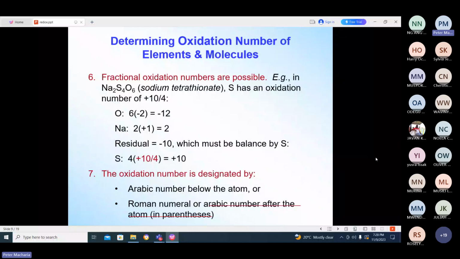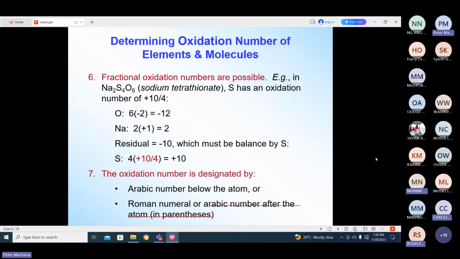Now let me ask you, in carbonate, what is the charge in carbonate? It is negative 2, isn't it? In carbonate, the charge is negative 2, right? And carbonate is written as CO3, isn't it?